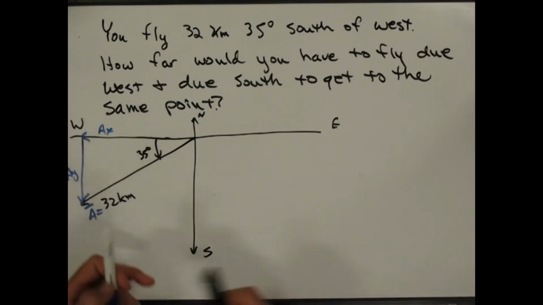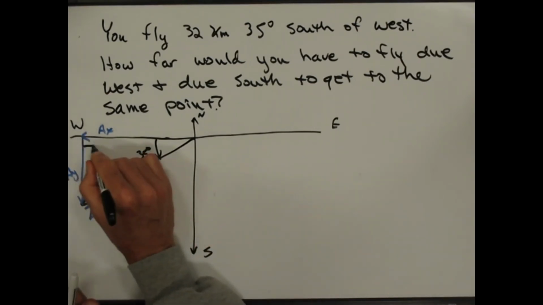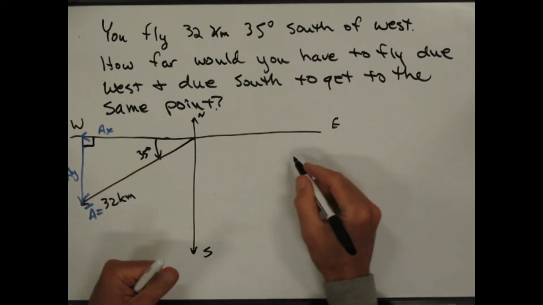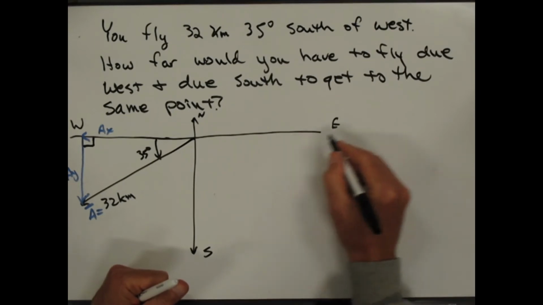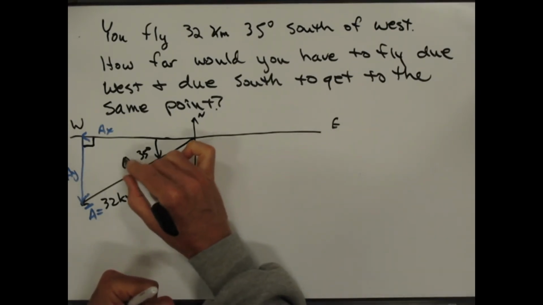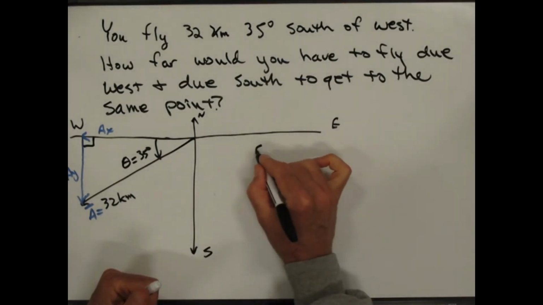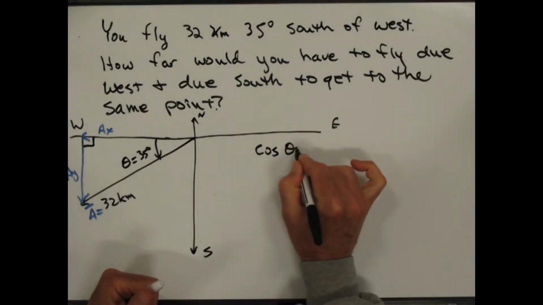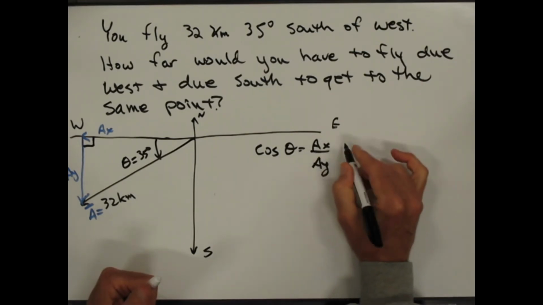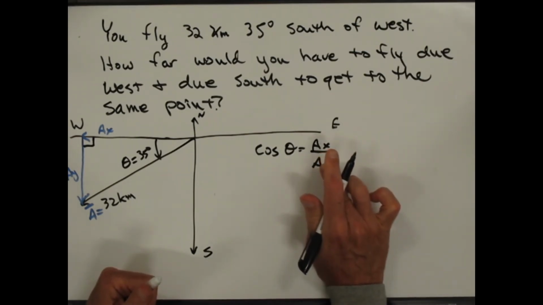And since this is a right triangle, because that's what components are, the X component and the Y component are at 90 degrees to each other, then I can say, if this is my theta, cosine of theta is AX over A, sorry, right?